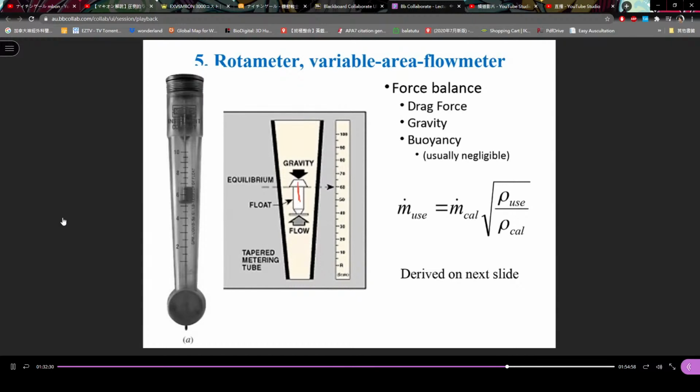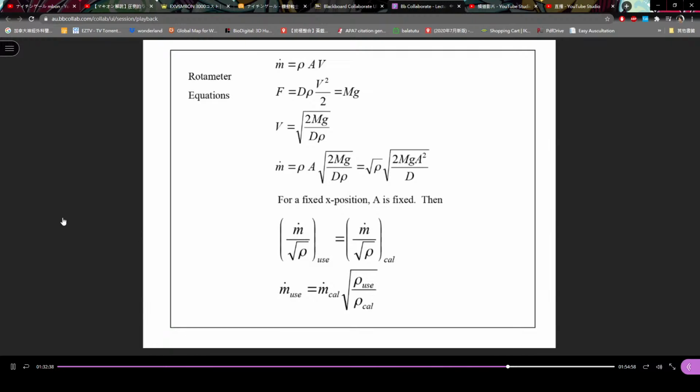For water measurement, the float is lighter than the water density. This is the real density of water or air, and a coefficient. So you don't need to derive it, but it's easy.